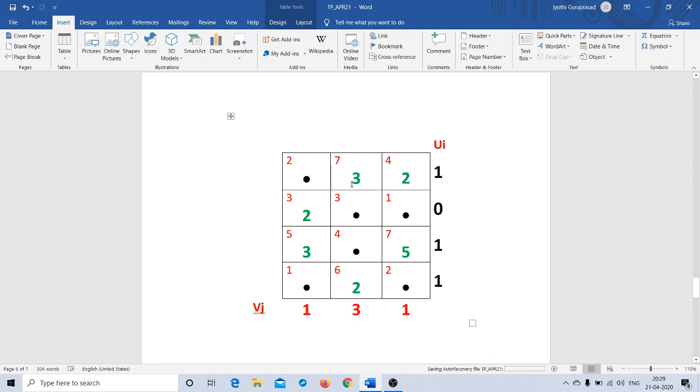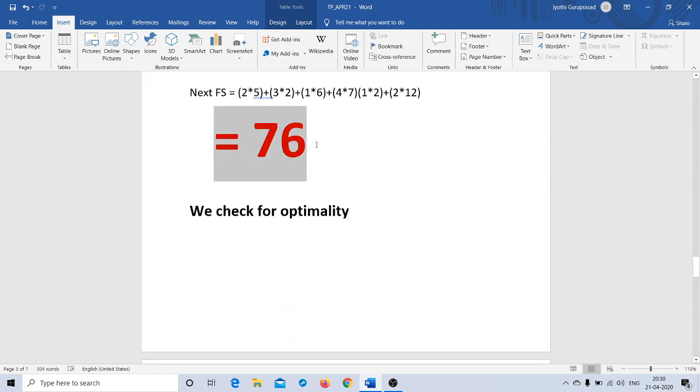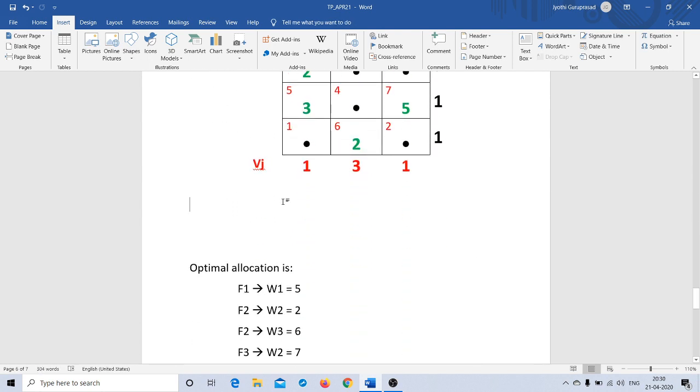Now look at this particular matrix. This is called the cell evaluation matrix, and none of the dij in the cell evaluation matrix is negative, and hence the latest obtained feasible solution is optimal. The optimal allocation is as follows.